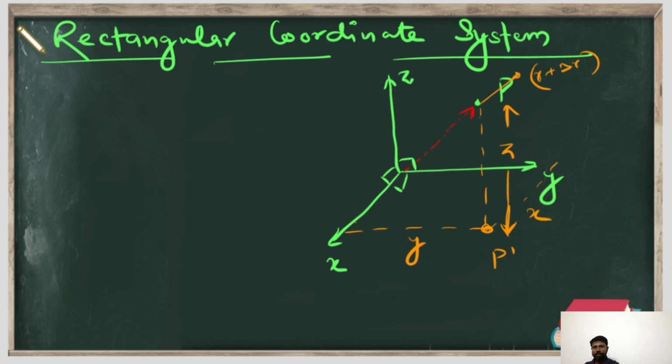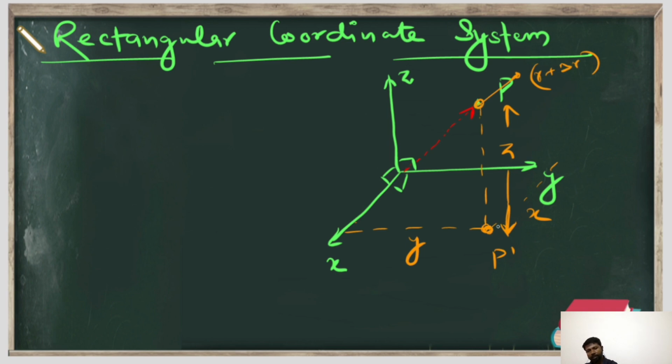So in the rectangular coordinate system, the variables are x, y, and z. All the axes, x-axis, y-axis, and z-axis, are perpendicular to each other. Suppose a point P is there, and we are trying to represent point P in the rectangular or Cartesian coordinate system. Then we have to take the projection of this point on the xy plane, and the projection of this point is at P dash.